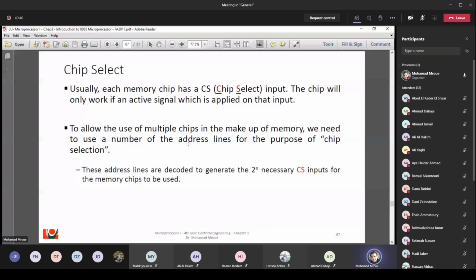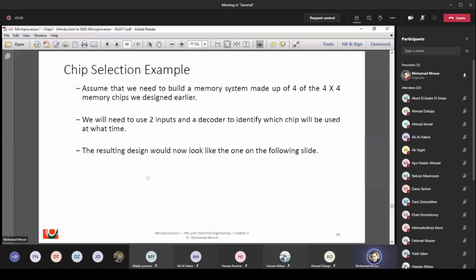So let's take an example. Assume that we need to build a memory system made up of 4 of the 4x4 memory chips we designed earlier. So we'll need to use 2 inputs and the decoder to identify which chip will be used at what time.